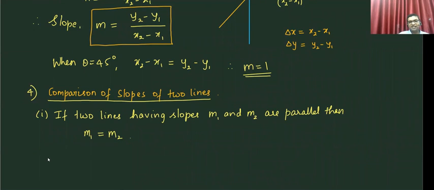That means parallel lines have the same slope.